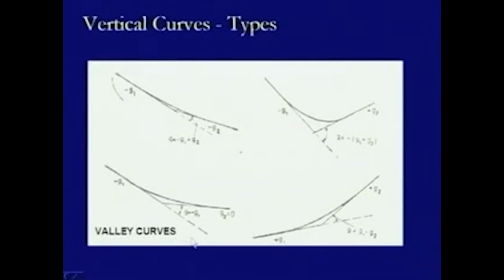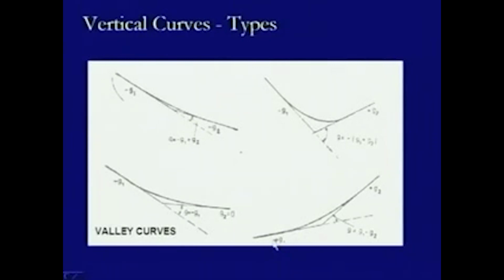We will be looking at another orientation here. In this orientation, we have a downgrade followed by a horizontal. So, this is minus G1 and this is G2, which is 0. So, the deflection angle will be equal to only this value, and this will be minus G1.